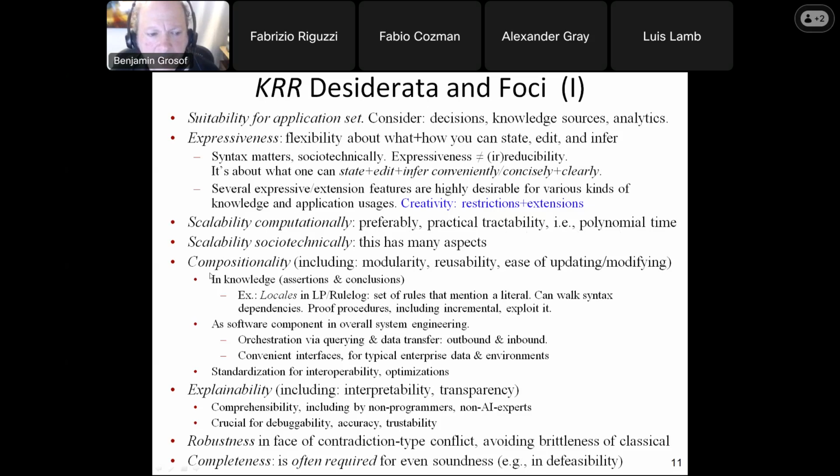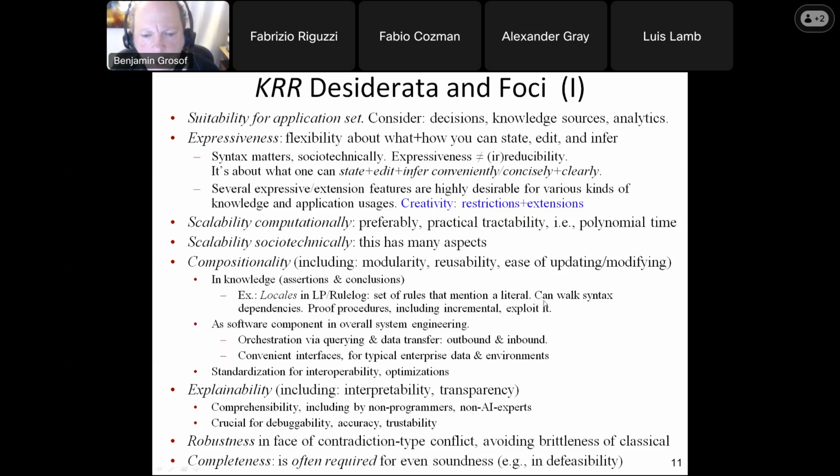But one thing that bears on it, for example, is compositionality, including modularity and reusability, ease of updating and modifying the knowledge. And LP and extensions of LP, including RULOG, have a very fine-grained kind of compositionality. A locale there is a set of rules that mentions a given logical literal. A literal, we're going to see how that is defined syntactically and semantically later.